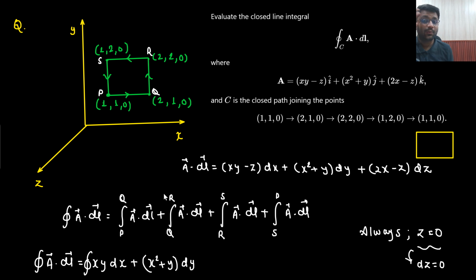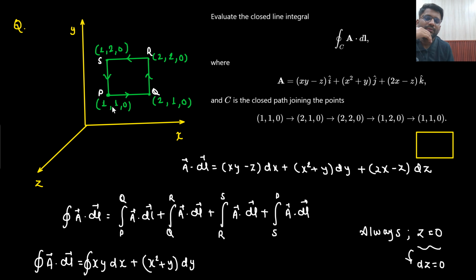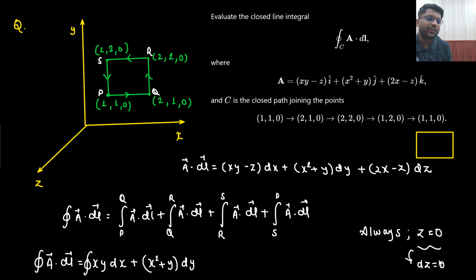So path by path we need to go. Let's go from P to Q. In P to Q, what is the scenario? X is changing, y is fixed at 1. X is changing from 1 to 2.